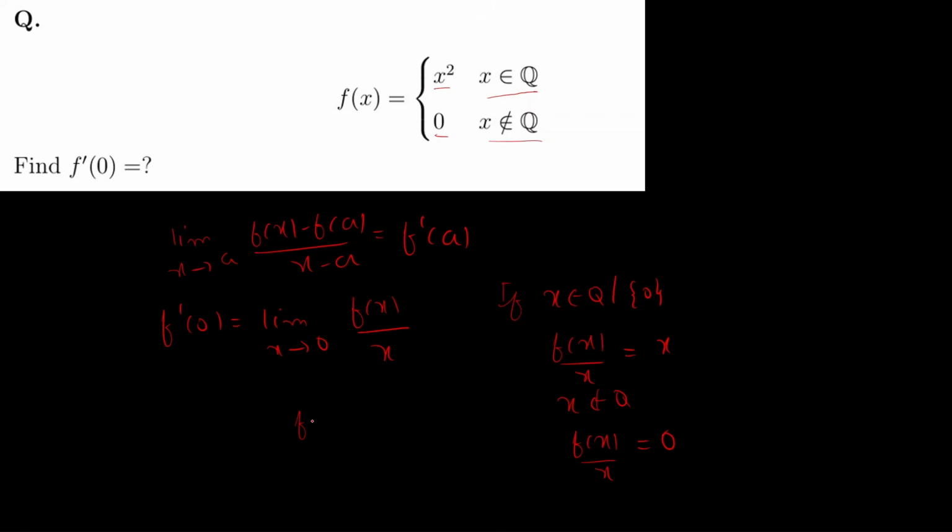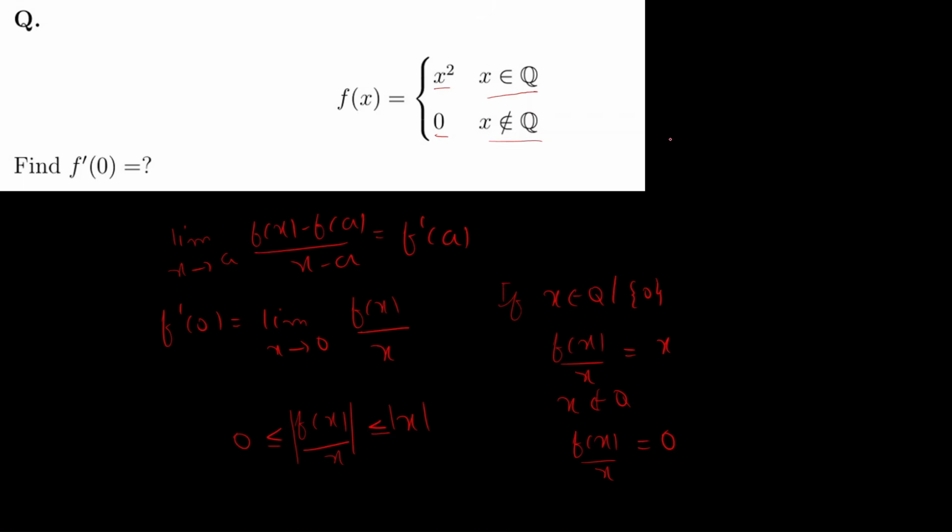Whatever happens, if x belongs to a rational number or it doesn't, f of x by x will lie in between 0 and x, and it will always be greater than or equal to 0. It will be 0 if x is not a rational number, and okay, let's consider the absolute value, since we cannot say that it will always be greater than or equal to 0 if we take out the absolute value. Yeah, now this statement is completely true.